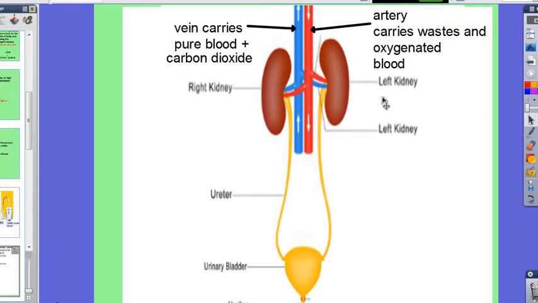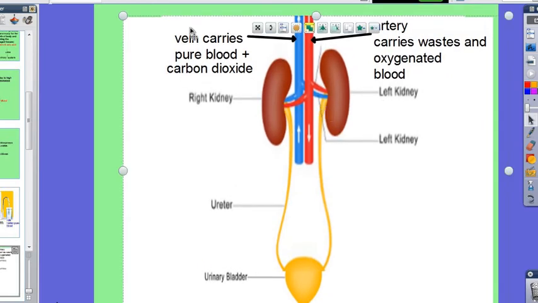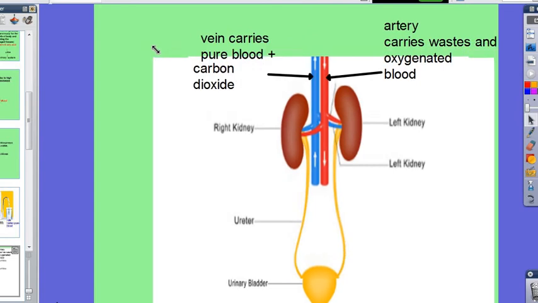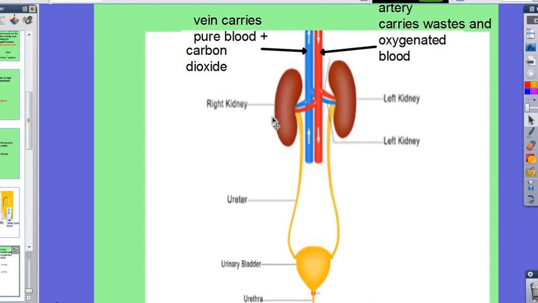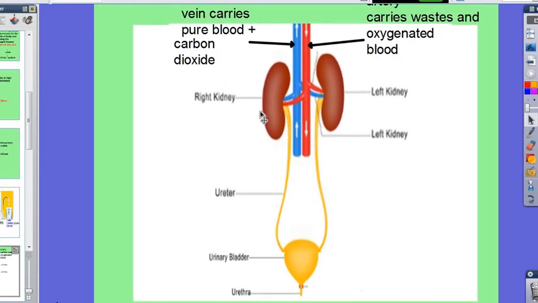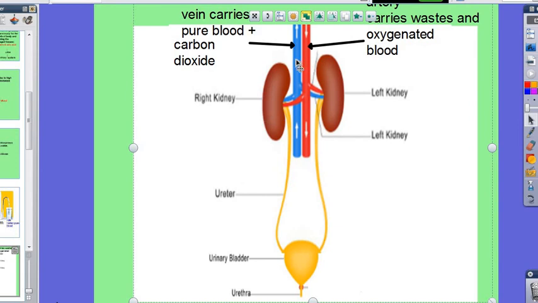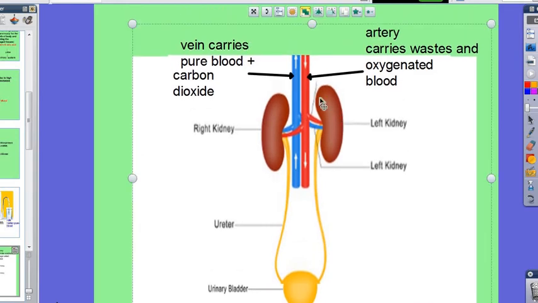Okay, here we have the structure of our urinary system. Here we have the blood vessel, or the artery, which carries the wastes.